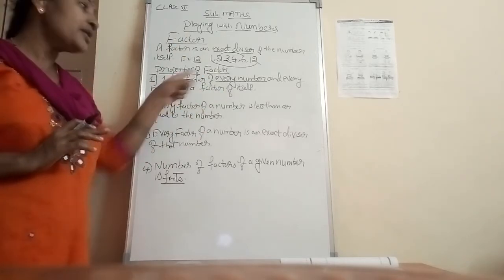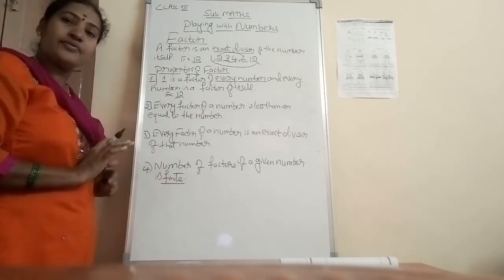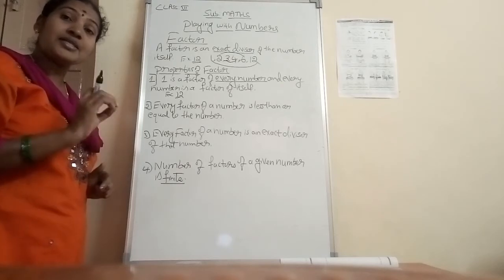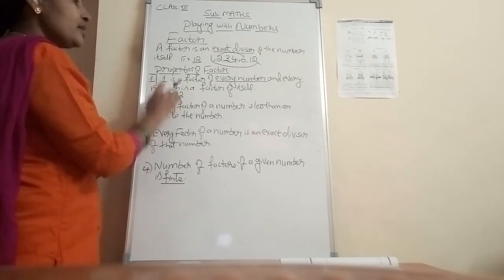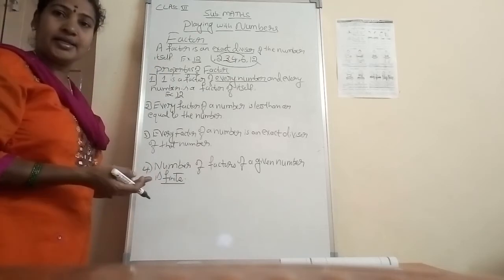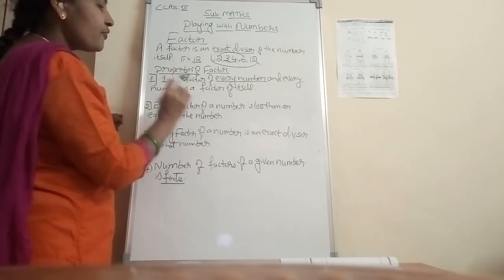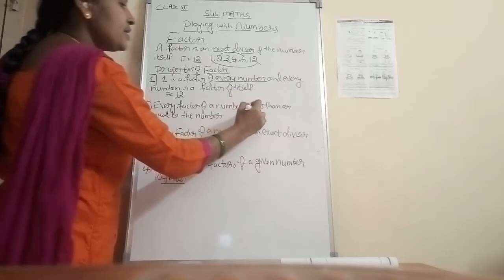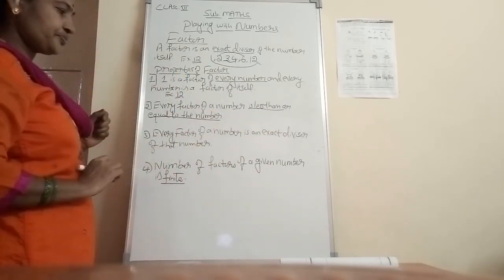And every number is a factor of itself. For example, 12. 12 is a factor of 12 itself. The meaning of this sentence is 12 is a factor of 12 only. Understood? The second property.